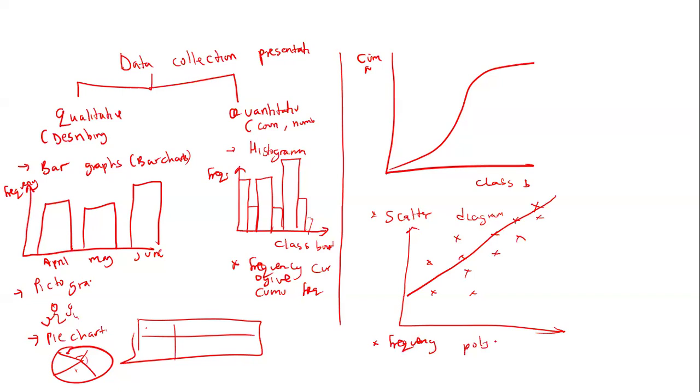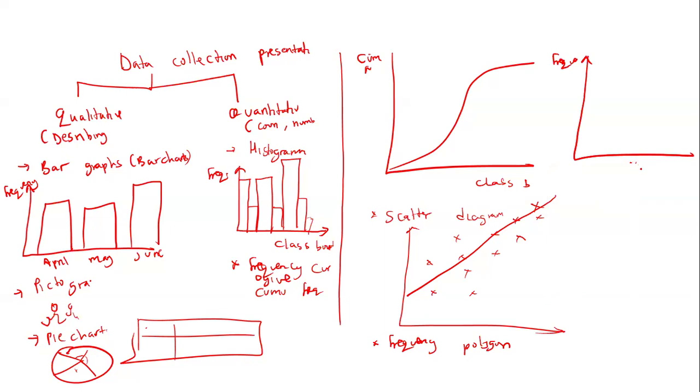When it comes to a frequency polygon, this axis is supposed to be your frequency, and this one has to be your class mark, or what you call the midpoint.